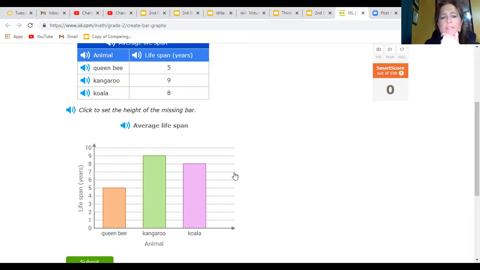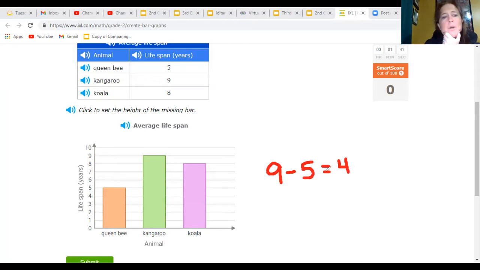Now that we have all our information in the bar graph, we can then compare the different animals. So for example, if I said, how much longer does a kangaroo live than a queen bee? You could say 9, which is the number of years a kangaroo lives, minus 5, because that's the number of years a queen bee lives, equals 4.